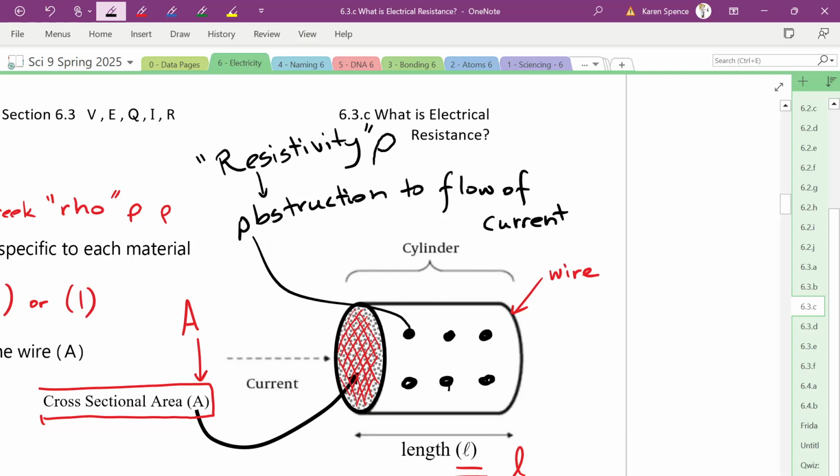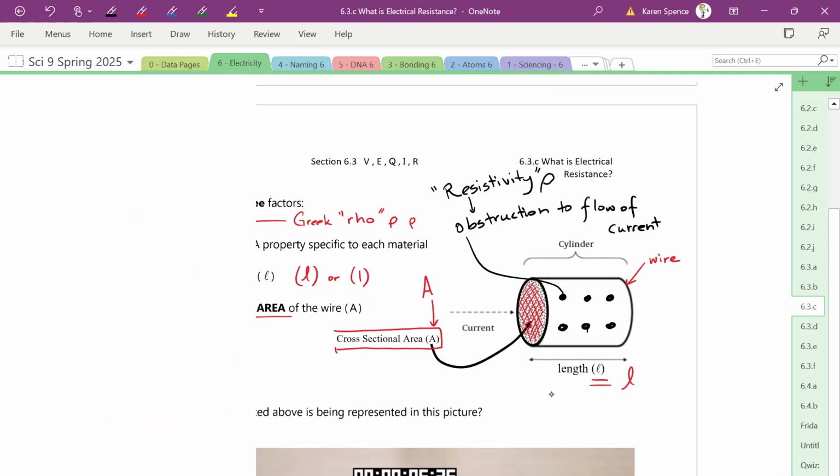Yeah, it's gone. My pen does crazy things. Let's make it look like a real O, shall we? Yes, thank you. So the resistivity is anything that's blocking the flow of electrons. The area is what we get when we cut it in half, and the length is obviously the length.